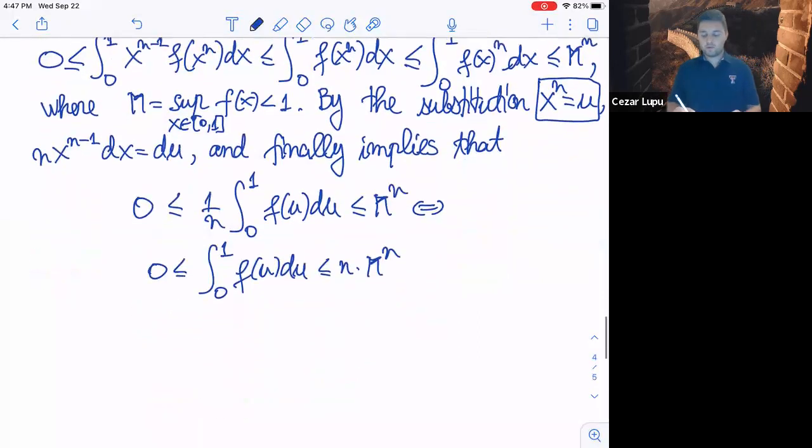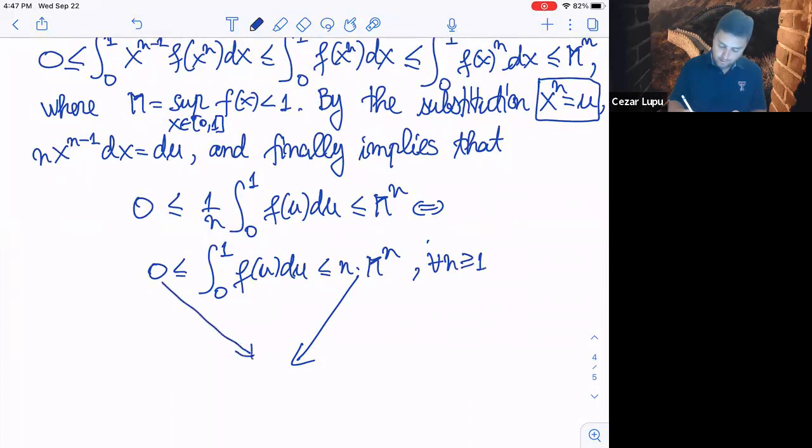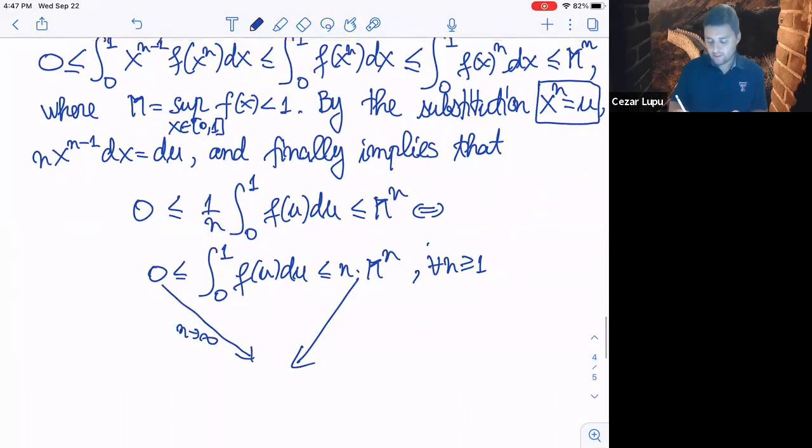Now we can use a squeeze theorem. This happens for all n. 0 approaches 0. This thing, I'll leave it to you as an exercise to show that this will approach 0 as well.